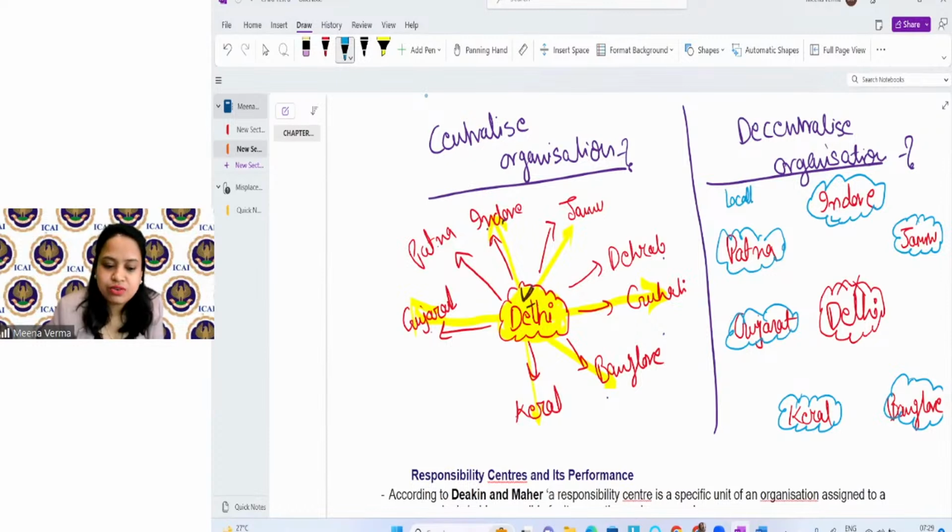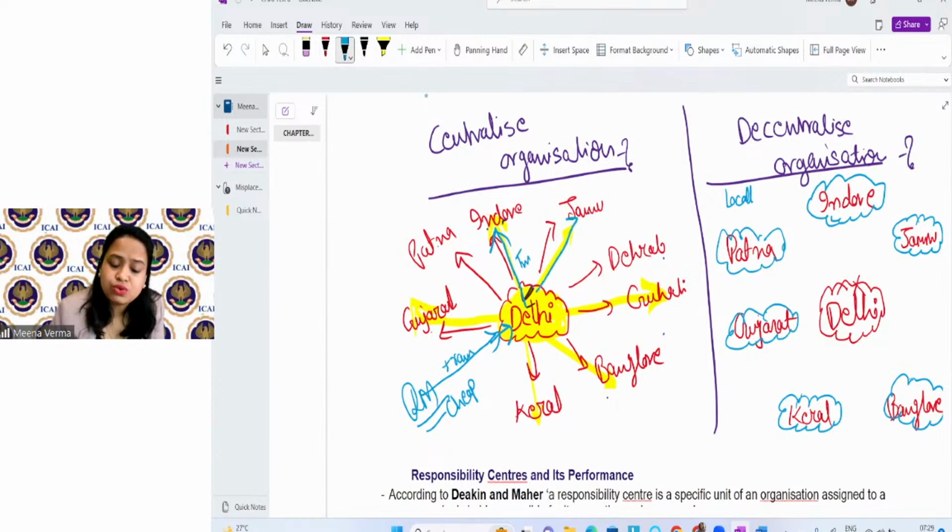See, in the case of a centralized system, first Delhi will buy the raw material from wherever they get cheap material. Okay, now see, transportation cost is required here. They buy the raw material and bring it to Delhi, then transfer it to Indore, again transportation cost.